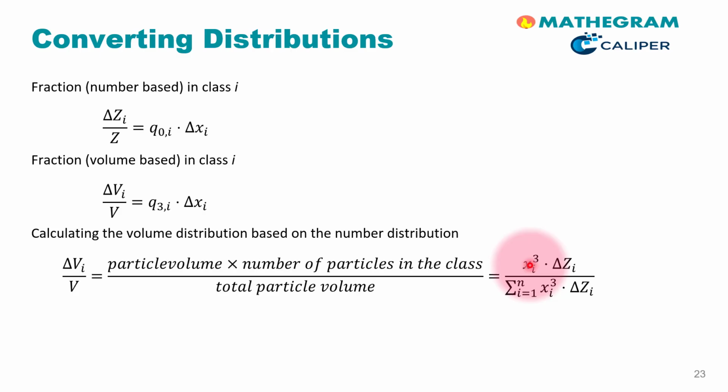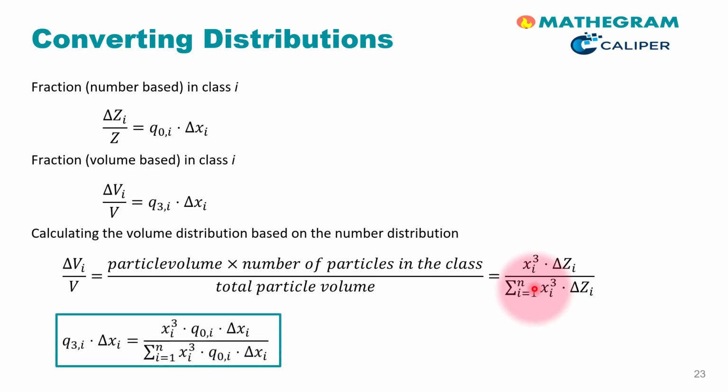This would not change the results in any way. We will arrive at this relation here. Last, we simply have to insert the definition of the volume-based distribution on the left-hand side, and voila, we can relate a number-based to a volume-based distribution.